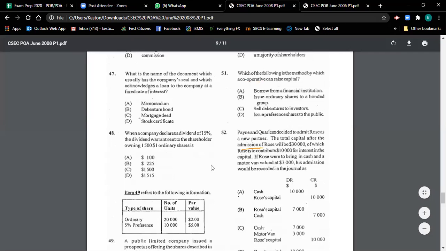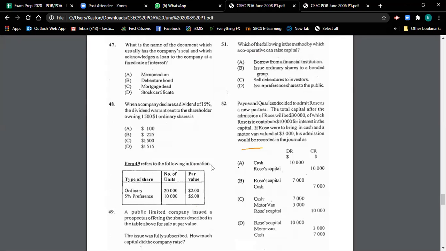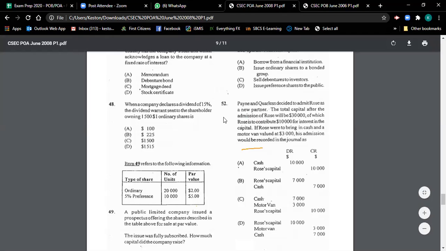If Rose were to bring in cash and a motor van valued at $3,000, his admission would be recorded in the journal as C. Yes, that's correct. 7,000 cash. Right, so that's correct. Let me just go back to this one.